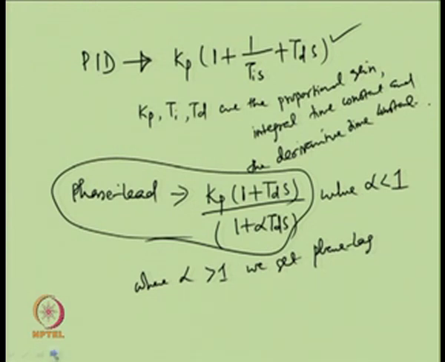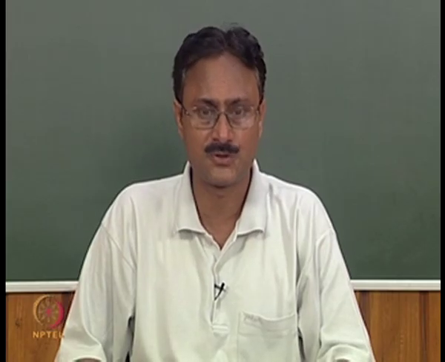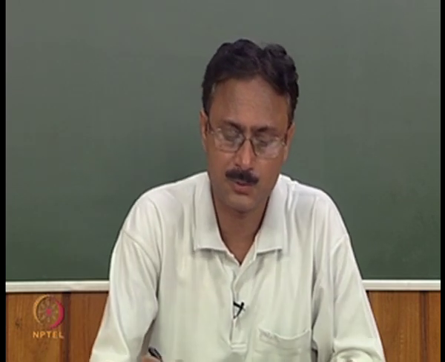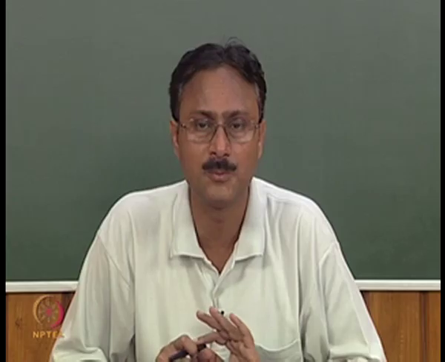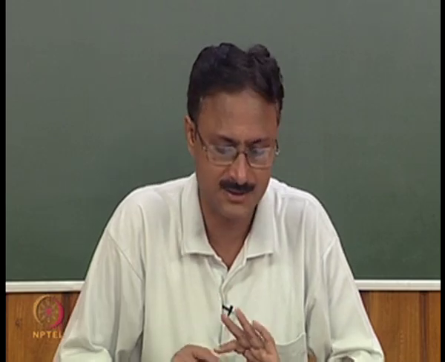Let us see other types of control structures that we might have in many practical control systems. One such control structure is often known as the series feedback compensation scheme, which combines the effects and advantages of both series and feedback compensation schemes.